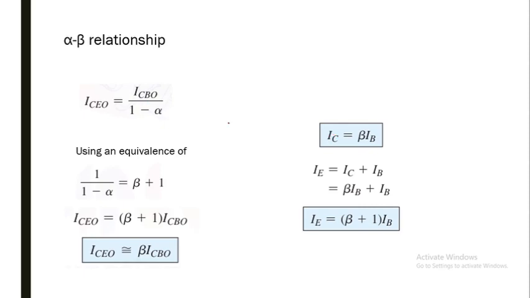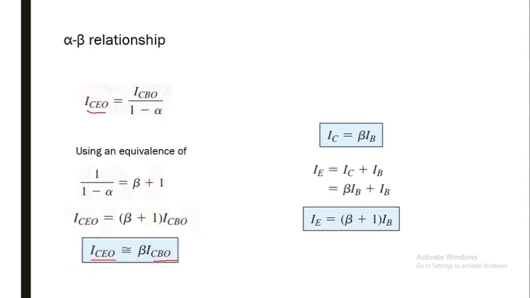Now this part will give us the relation of ICBO to ICEO. Since we know that ICEO is equal to ICBO over 1 minus alpha, and we also know that 1 over 1 minus alpha is equal to beta plus 1.